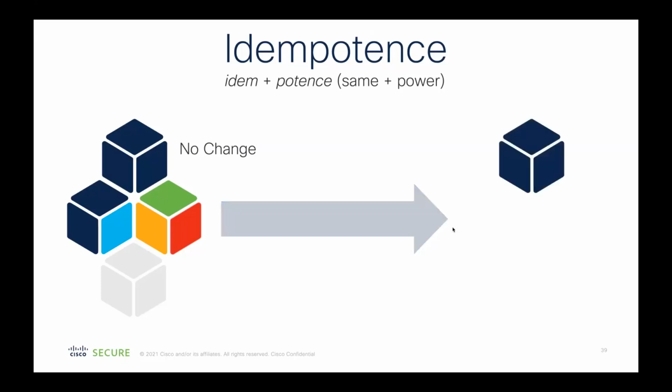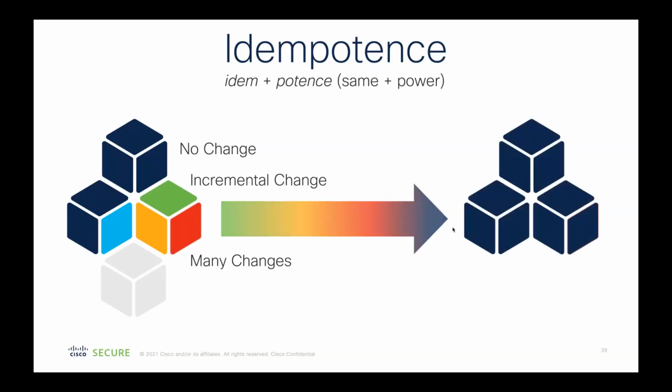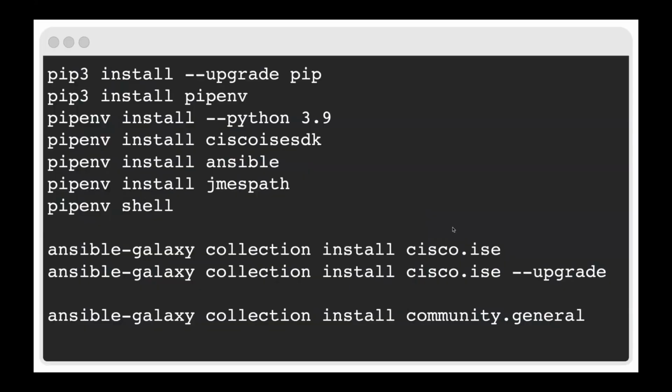And if there's no change, no problem. If there's a little bit of a change, no problem. If there's a lot of change, no problem. It will work through everything and get it so that everything is consistent with that playbook. And then maybe you've got a whole brand new device you have to provision from scratch. You can do that, but at the end of it, they will all be the same. So that is basically the power of idempotence.